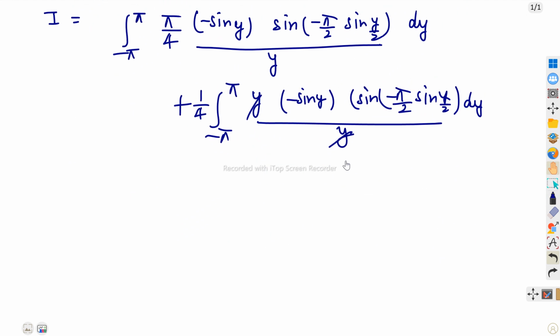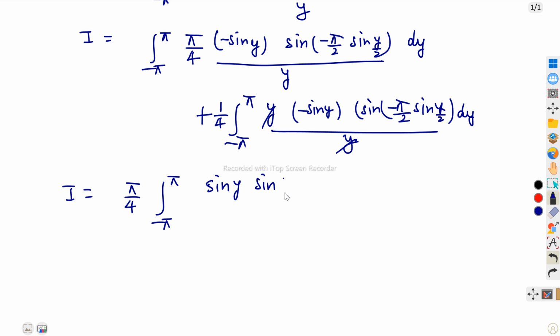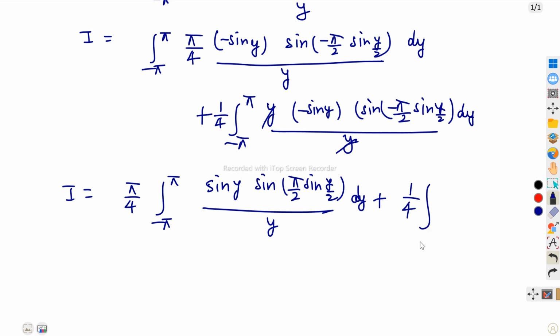So our integral can be written as I equals the integral of pi by 4 from minus pi to pi of positive sine y sine(pi over 2 sine(y upon 2)) dy, again 1 upon 4 from minus pi to pi of sine y sine(pi over 2 sine(y over 2)) dy.